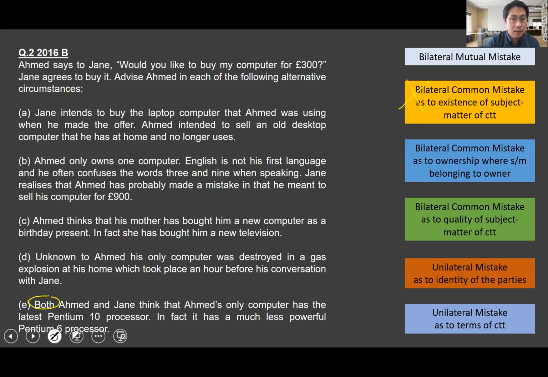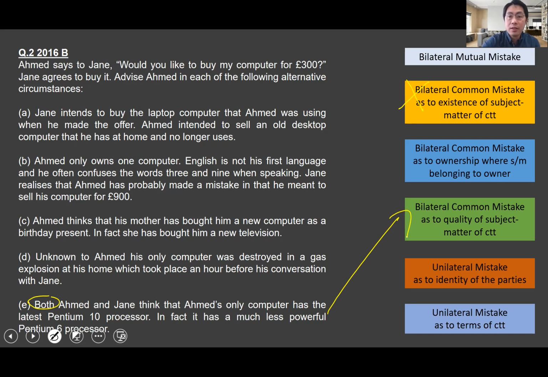Now, it might be, because you could argue that in truth, the computer does not exist. But that's not a very accurate assessment. The computer exists. You said they were mistaken as to it being Pentium 10 or 6. That's right. This is more of a bilateral mistake as to quality of subject matter.